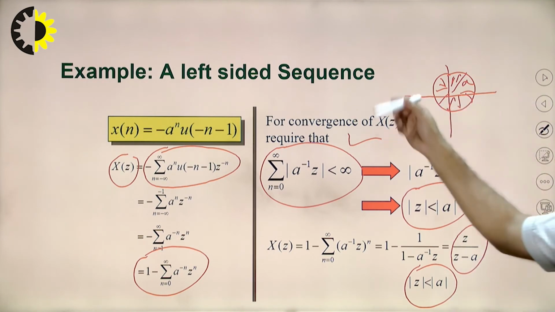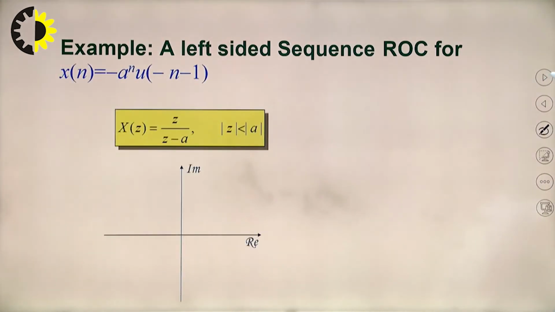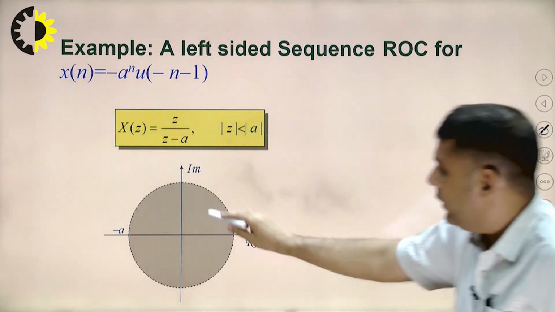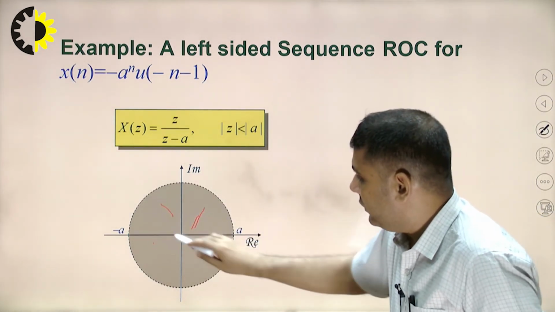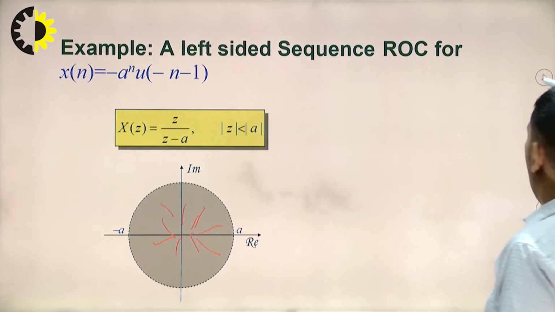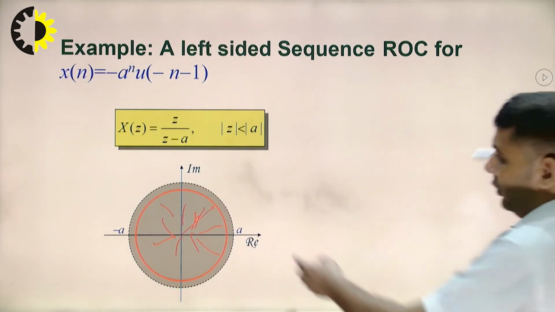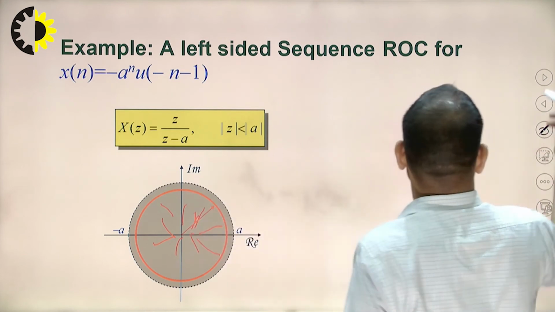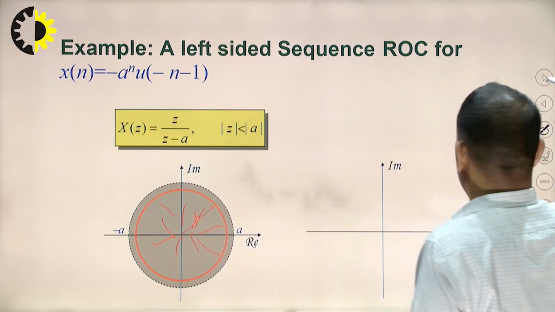The same is shown in the next slide. This is the ROC inside the circle of radius a. The unit circle must be inside this ROC for the system to be stable.